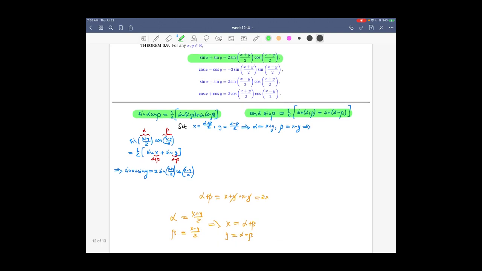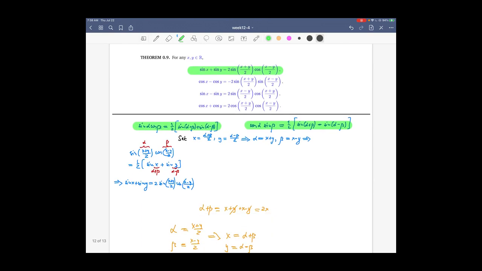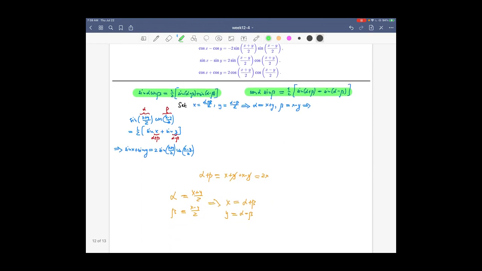So I should say that x is alpha plus beta, not over 2, and y is alpha minus beta.